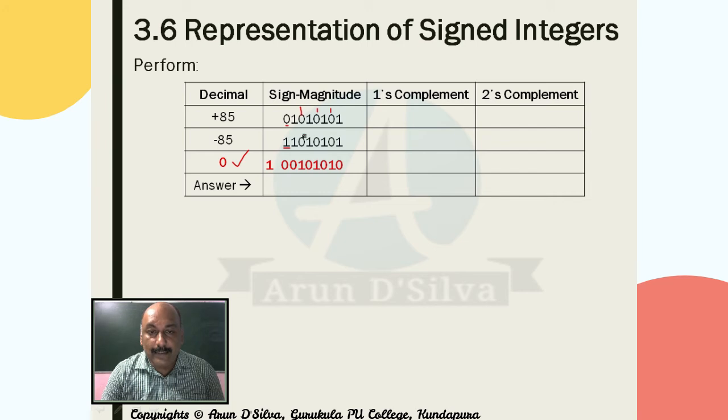Again 1 plus 0 plus 0 became 1. Again 1 plus 1 becomes 1 0, 0 I wrote and 1 became a carry. Now 1 plus 0 plus 1, if I add, becomes 0, so I wrote it here. Now here I cannot add, so this becomes a carry. This becomes the end carry, as we say.